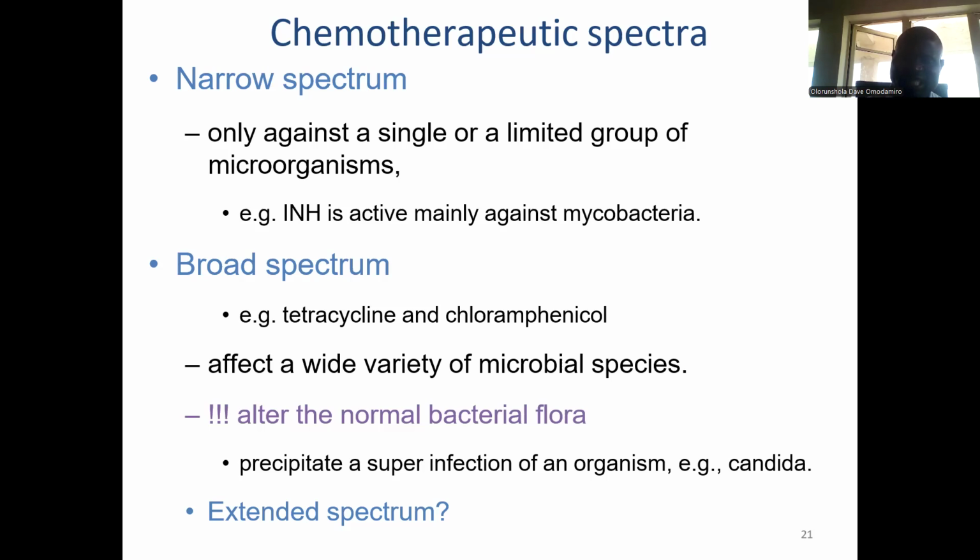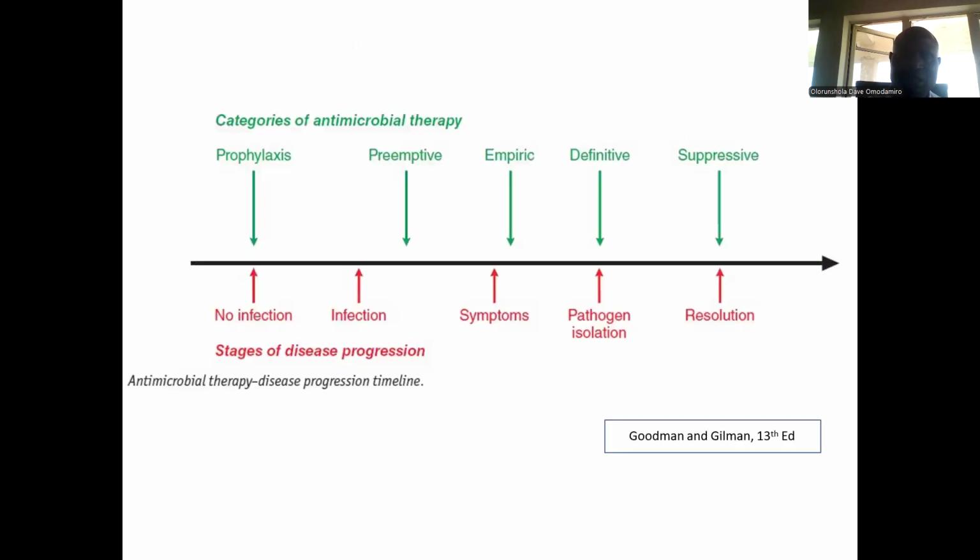Then the next spectrum is extended spectrum. They cover a wide range of antibiotics. So let's look at the categories of antimicrobial therapy. We have prophylaxis, preemptive, definitive, and suppressive.